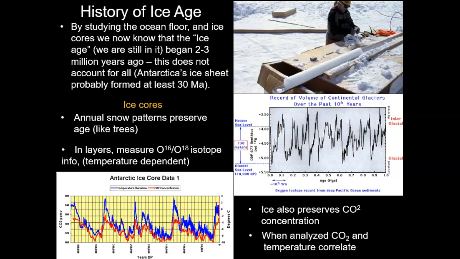So, both based on the oxygen-16 to oxygen-18 ratios and on the CO2 concentrations, we have proxy data to decipher paleotemperatures. The image on the middle right here shows the isotopic ratio of oxygen-16 to 18 with change in time up to 1 million years ago. And you can see a pretty clear period of warmer and colder weather occurring.